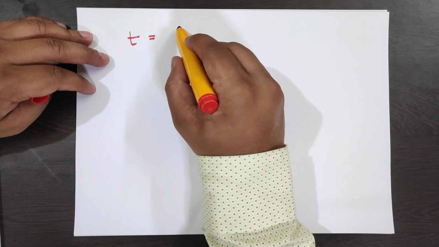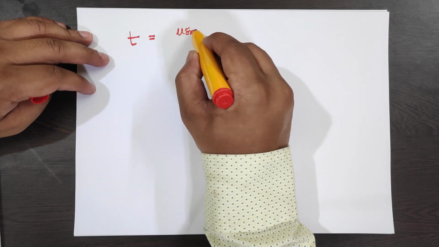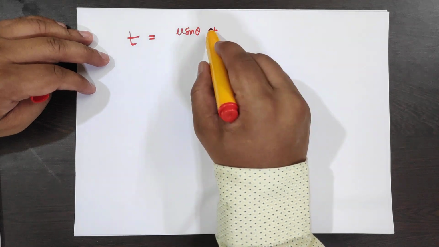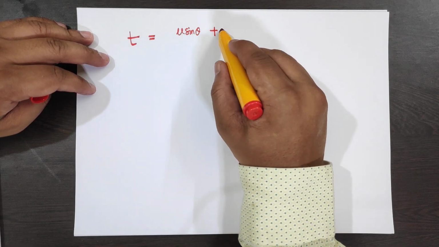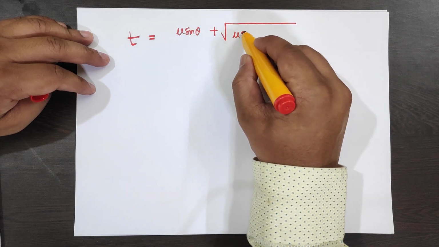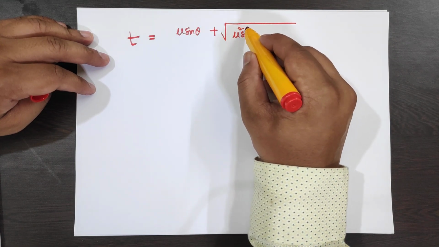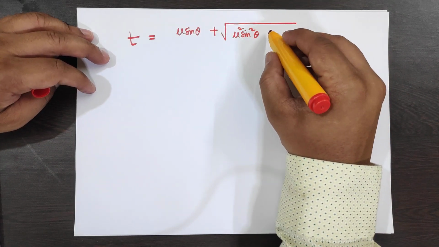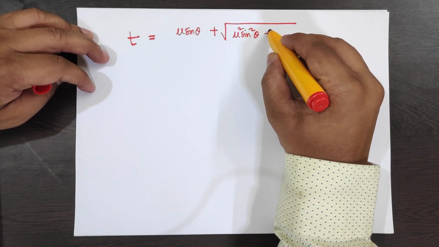So that's minus b, we will use the Sridharacharya formula, plus, we'll use one of the roots, b square minus 4ac.